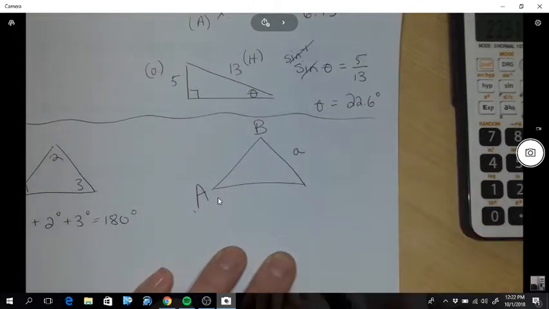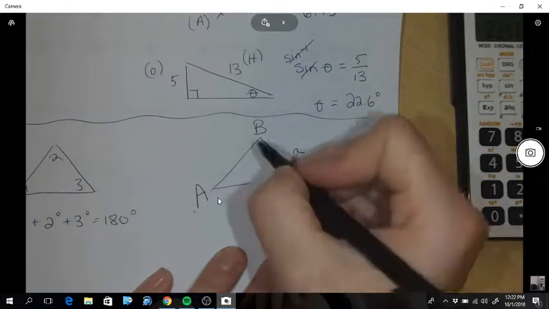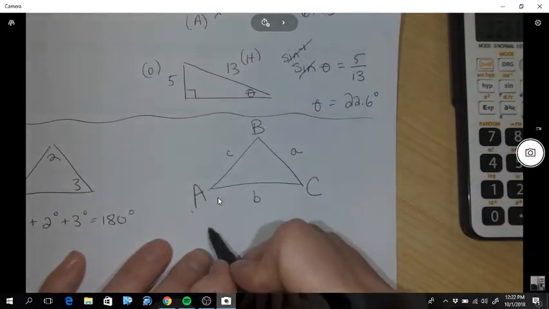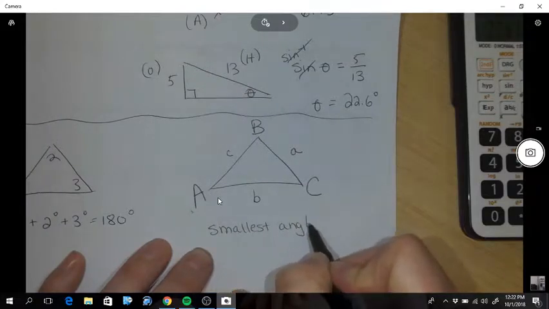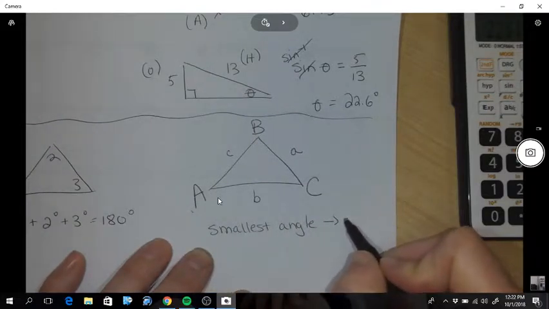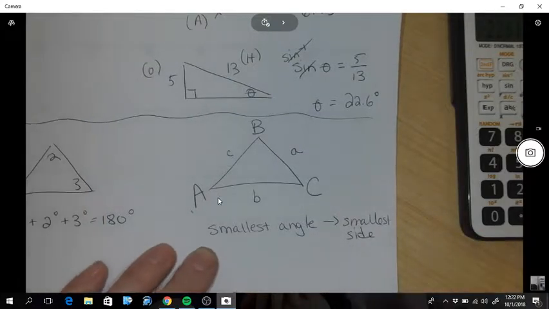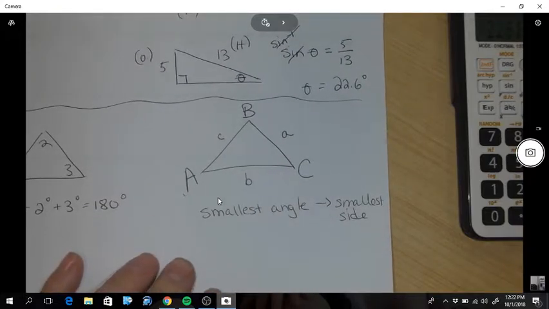So if that's angle B, this is side b, and if that's angle C, this is side c. There's also one more thing: the smallest angle would be across from the smallest side, and the largest angle would be across from the largest side.